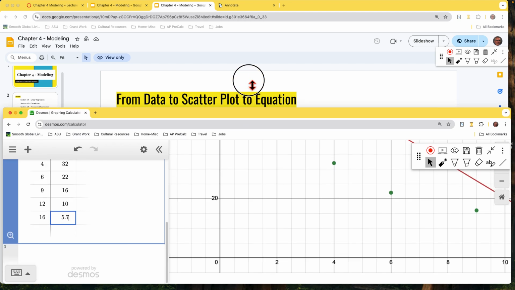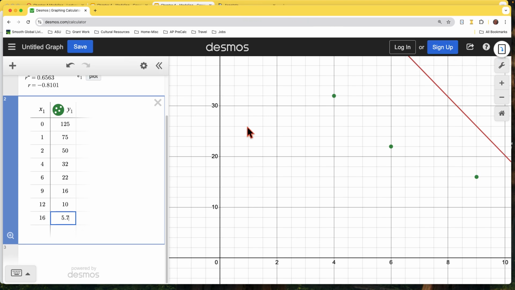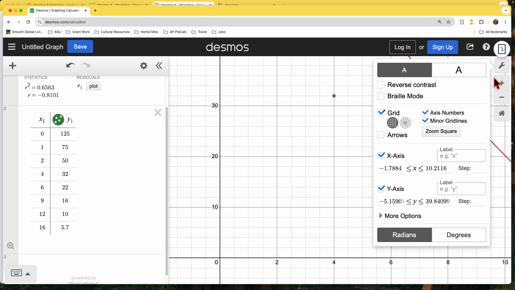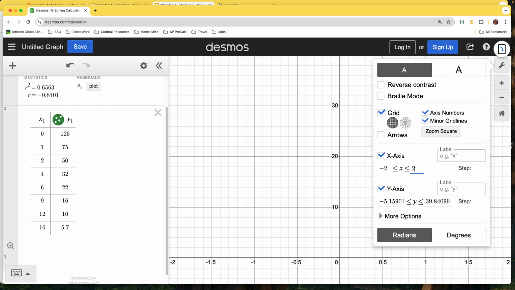Okay. So now I'm going to fit my window to the data, right? My x's are going from 0 to 16, so I'm going to come to my wrench, which is the settings. I want to make sure my x-axis goes at least from 0 to 16. Actually, I like to go from maybe -2 to 20, so I can see all the values.